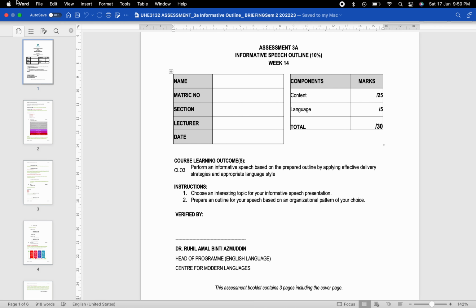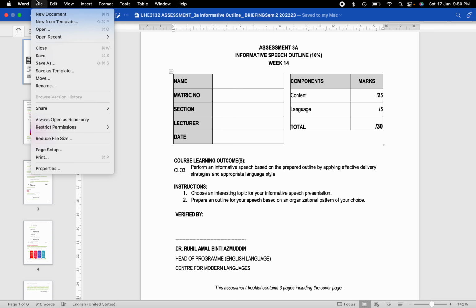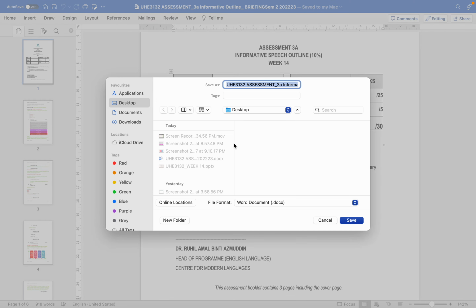So let me just illustrate this for once and for all to you guys. I do not know why I have to show this to you guys, but just to be safe, I'm going to show you guys how you can save it in PDF. So ladies and gentlemen, basically what you have to do is go to File, Save As, and then normally I would just save it in my desktop, change it to PDF. Okay, so most importantly, guys, is for you to rename your document.